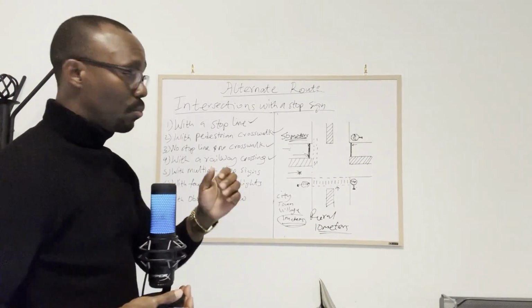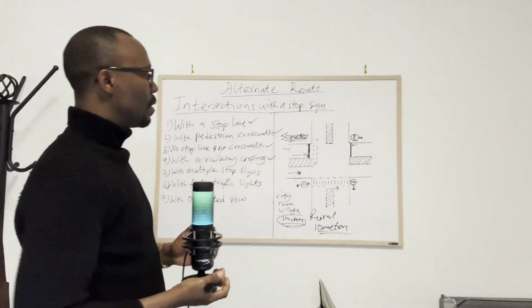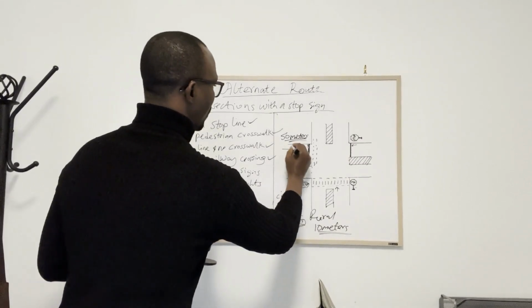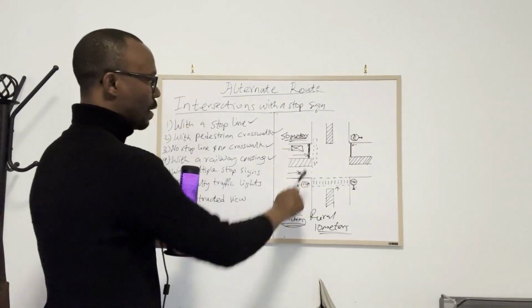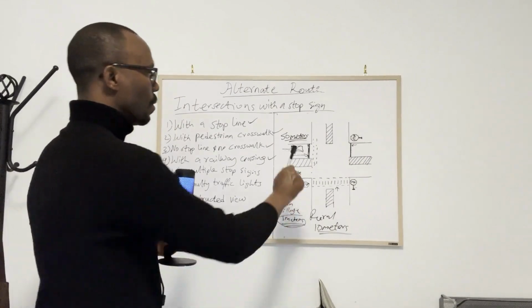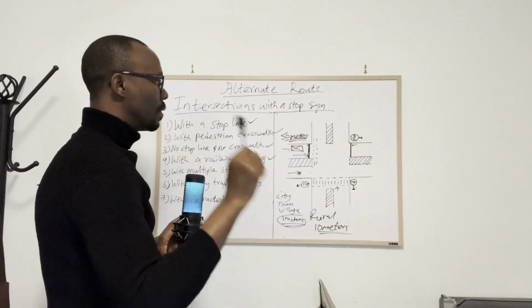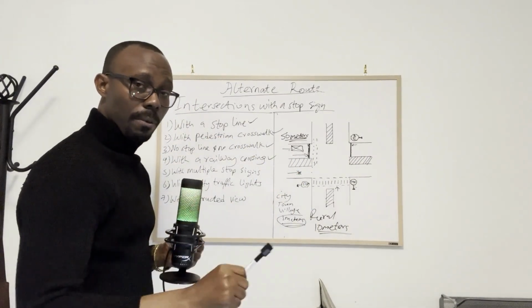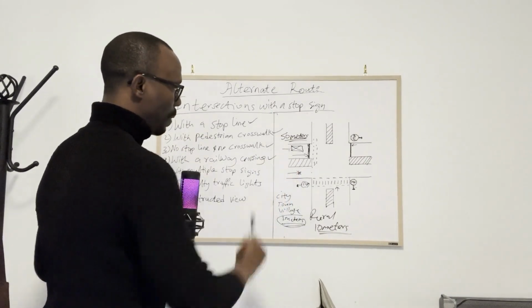So there are two scenarios you will see here, or maybe three. You will see a scenario where there is the railway crossing sign and there is a stop line as well. If there's no train coming, then stop at the stop line.